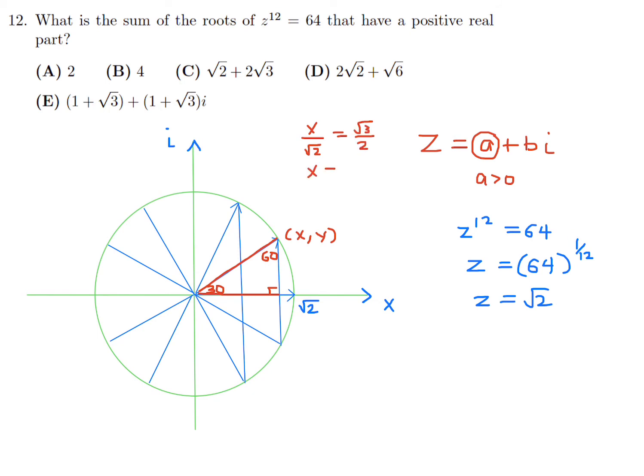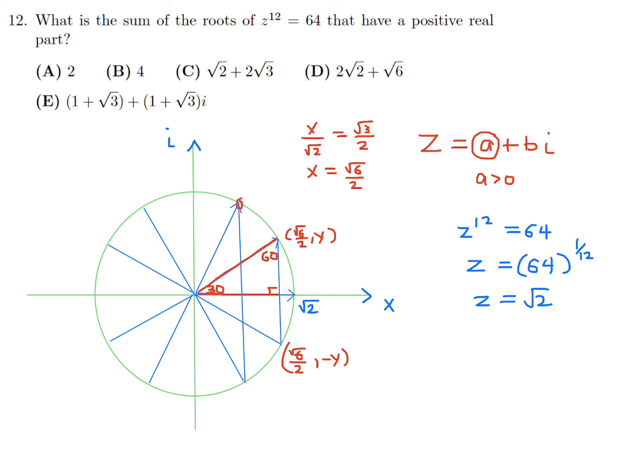And therefore x is root 6 over 2. And therefore this is also root 6 over 2, since it has the same x coordinate. And that's going to be minus y. So this is going to be root 6 over 2 plus y. And that's going to be root 6 over 2 minus y.